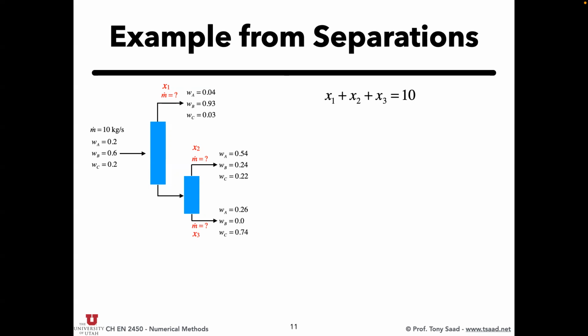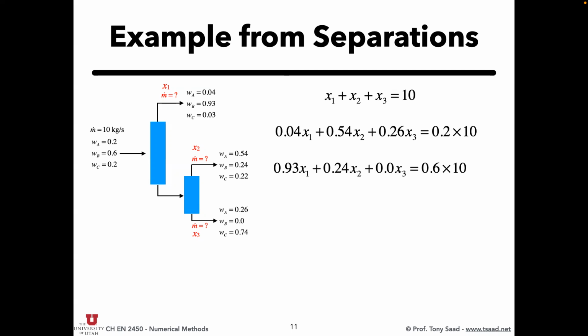So we apply the same thing. We pick compound A, for example. So for compound A you get 0.04 x1, that's the flow rate at station 1, plus 0.54 times x2, flow rate at station 2, plus 0.26 times x3 is equal to 0.2 times 10, right?